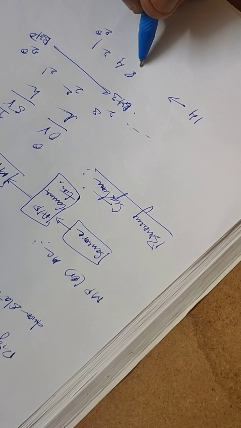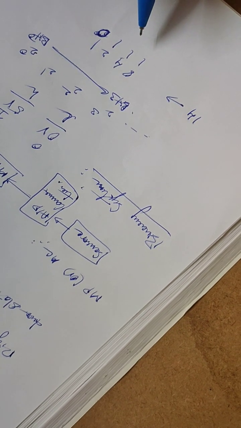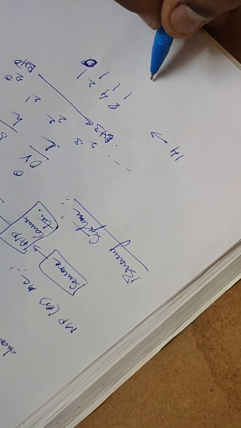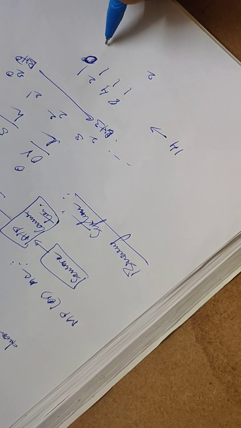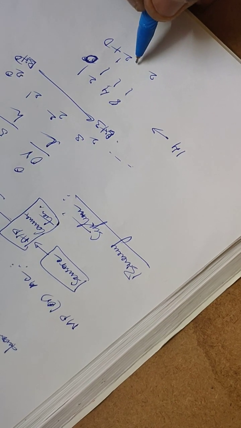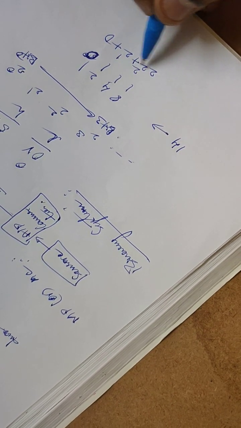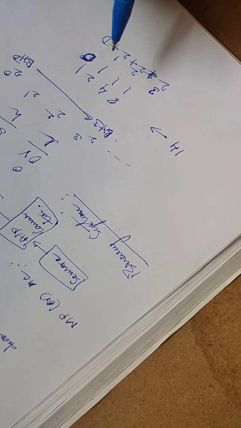So you're going to get 1, 1, 1, 0. So it will be 2 to the power of 0 plus 2 to the power of 1 plus 2 to the power of 2 plus 2 to the power of 3. You get it?